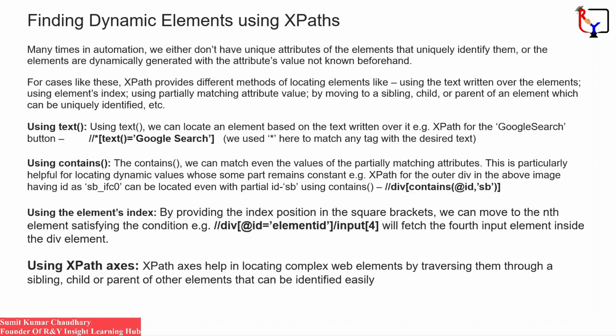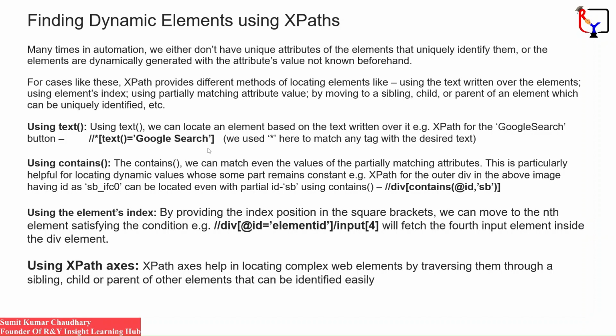Okay, so using text we can create a dynamic XPath. Using text we can locate an element based on the text written over it. Like Google search, we can get the Google search text with the text method, so we can find the element.